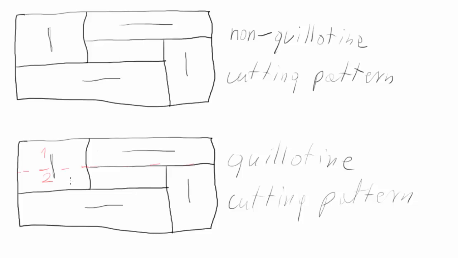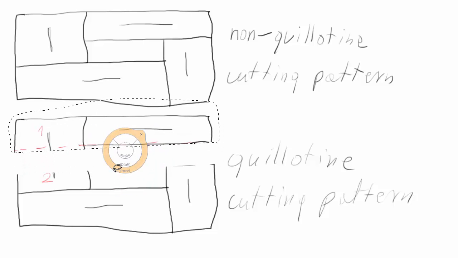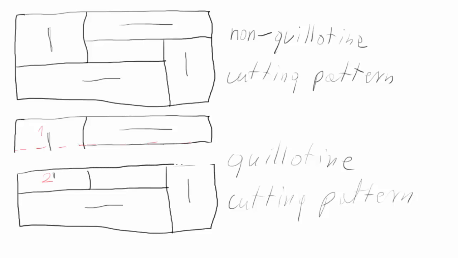Why is this a guillotine cutting pattern? I'll show you by dividing it as a guillotine cutting operation. If I cut this part on the top, like here, there will be one piece, and let's correct this pattern, and another piece.